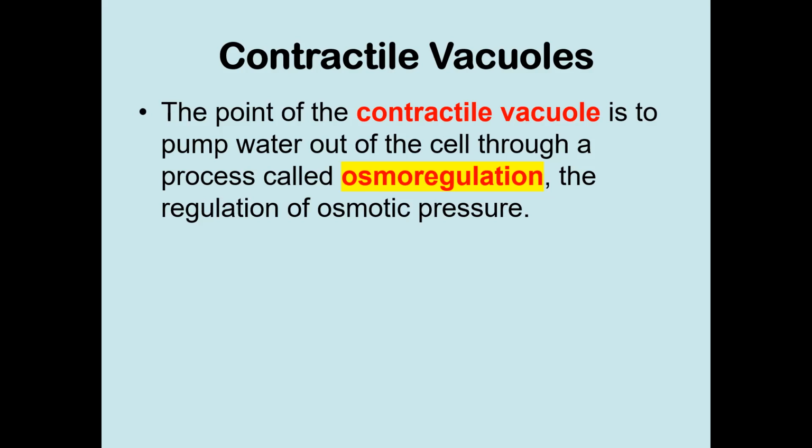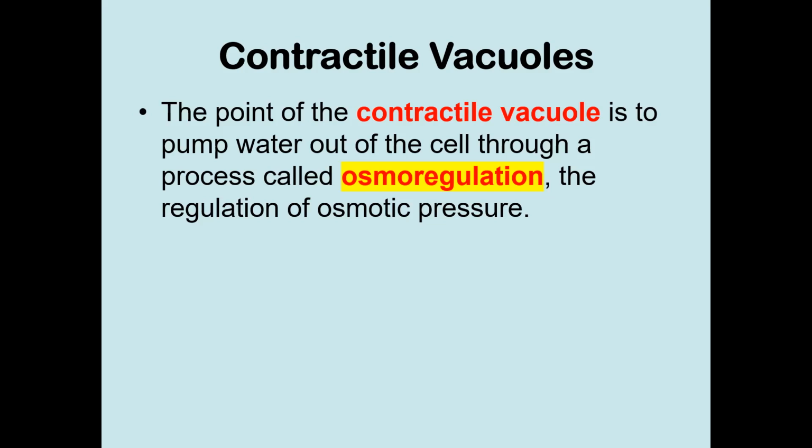So a system of these contractile vacuoles has developed, and they had to develop, otherwise it wouldn't have existed, where it just develops and attracts water into it, and it gets bigger and bigger and bigger and moves to the side of the cell and removes the water.